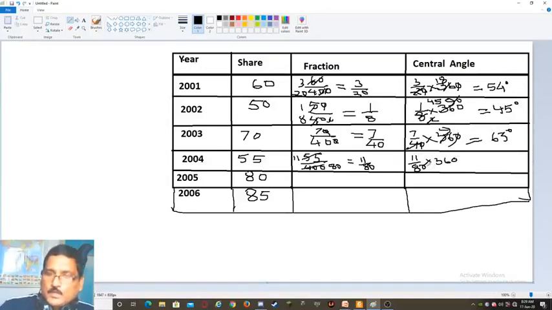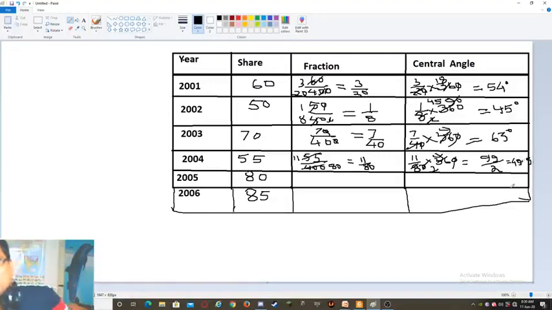Okay, zeros cut, if you cut by 4, 2, and 9, so 99 by 2, that means 49.5 degree. Be careful, 0.5 degree you have to mention. Clear?